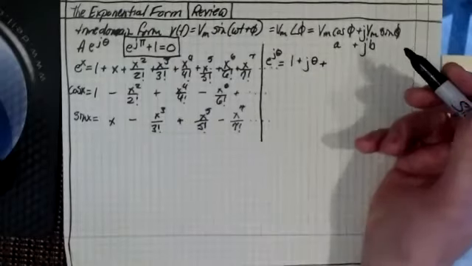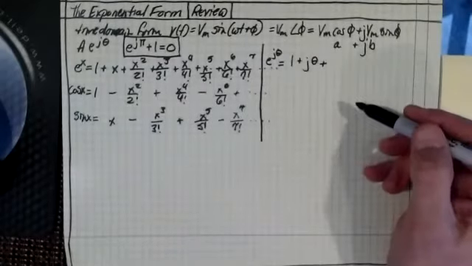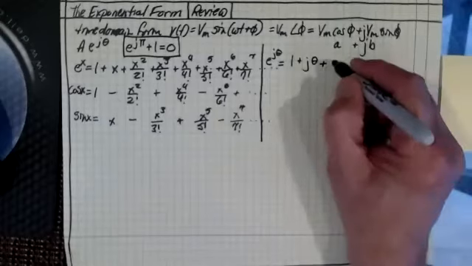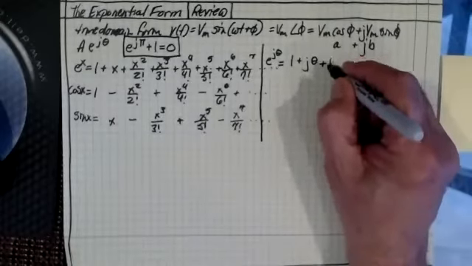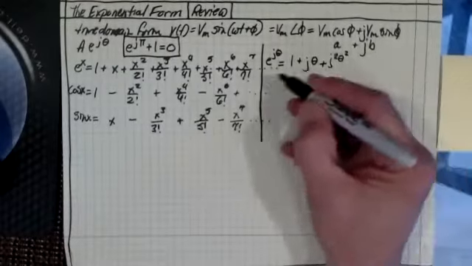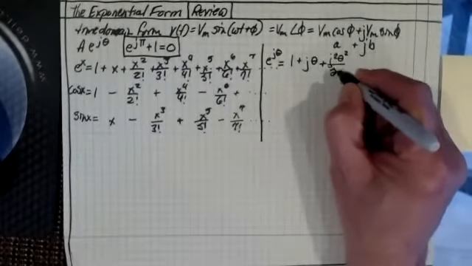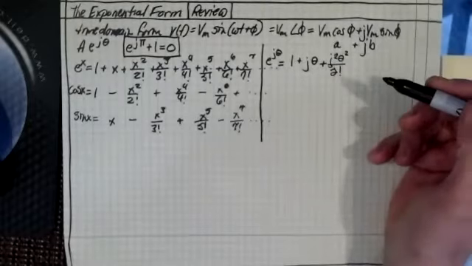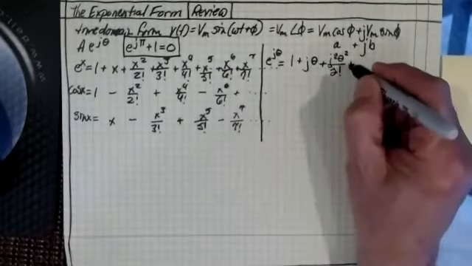Plus x squared, so that would be j squared theta squared over 2 factorial. Let's go to the next one then.